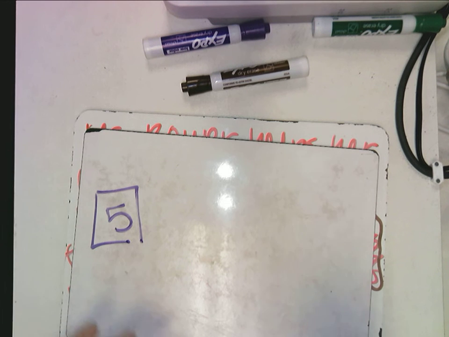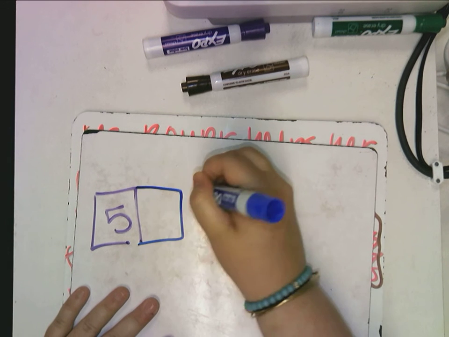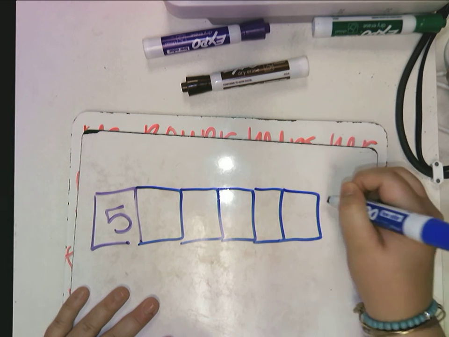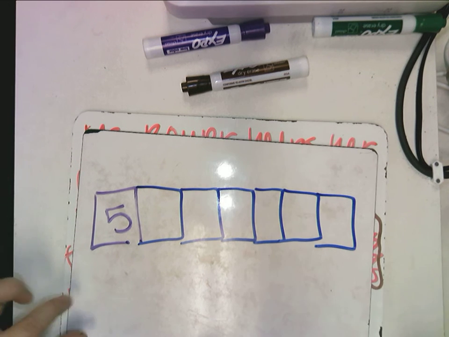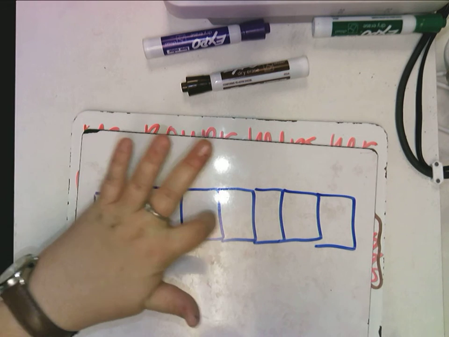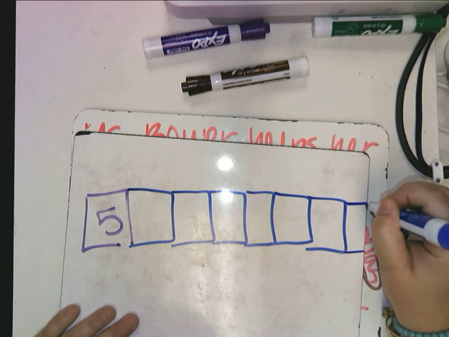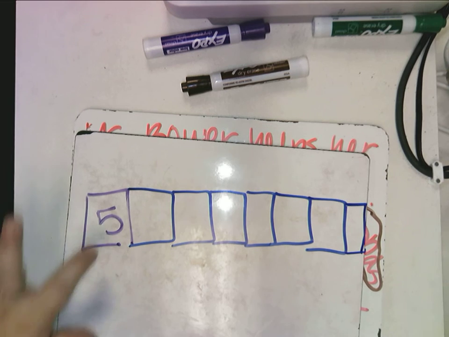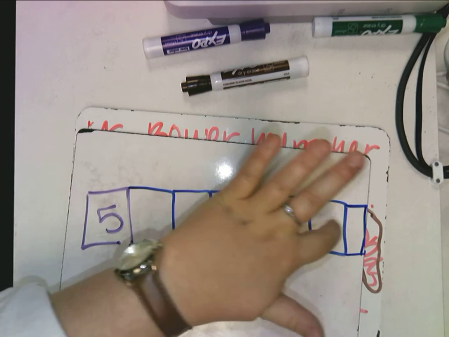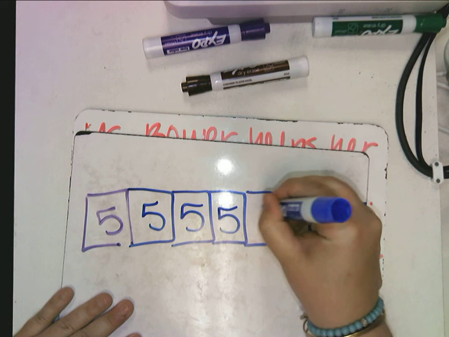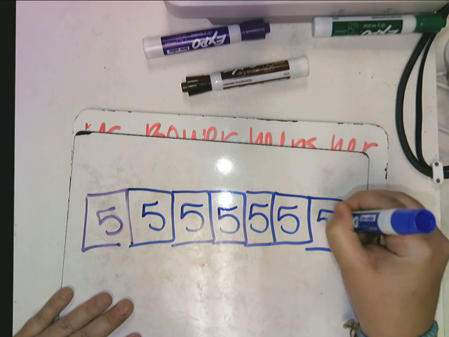Let's make sure I have 8 boxes: 1, 2, 3, 4, 5, 6, 7. Whoops, let's add one last one. 8, right? 1, 2, 3, 4, 5, 6, 7, 8. A 5 goes in each box because there's 5 seconds per shoe.